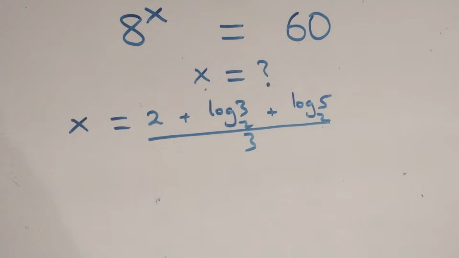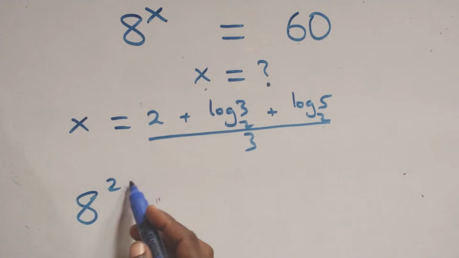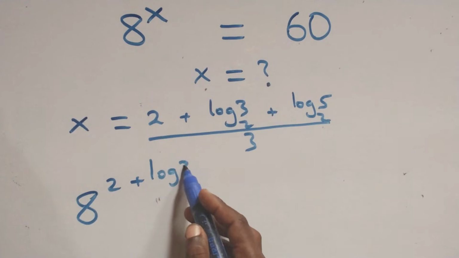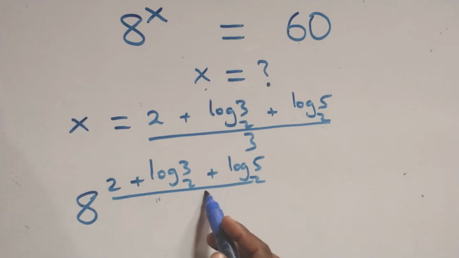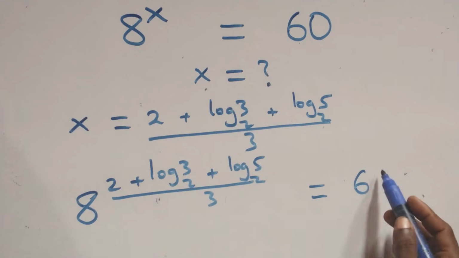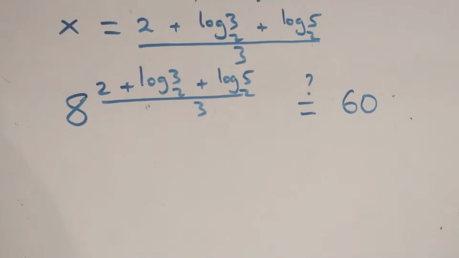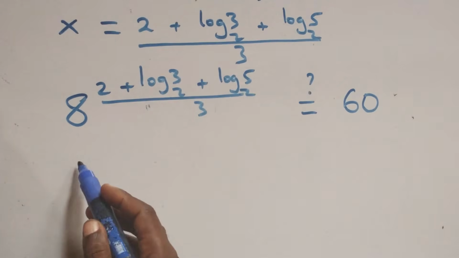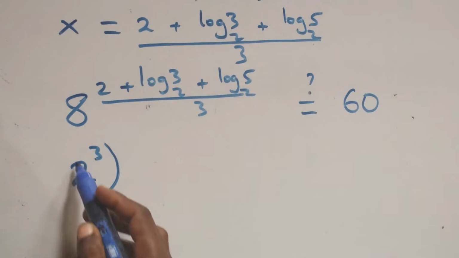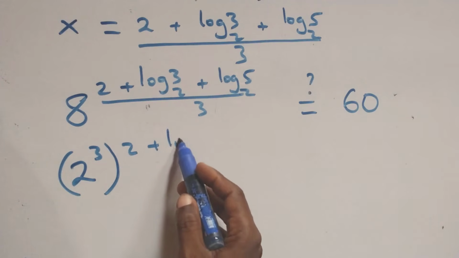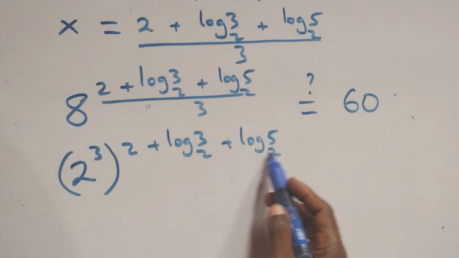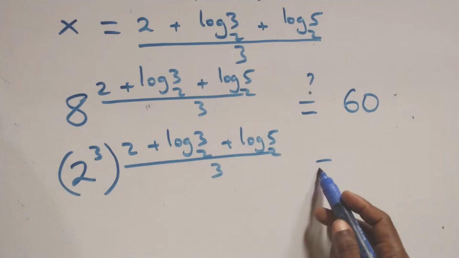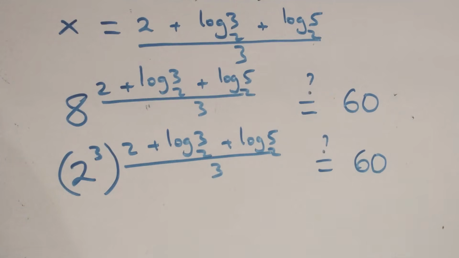Then what we have here becomes 8 raised to power 2 plus log 3 base 2 plus log 5 base 2 all over 3, does it equal 60 on this side? Then here 8 can be written as 2 raised to power 3, which is raised to power 2 plus log 3 base 2 plus log 5 base 2 all over 3, does it equal 60 on this side?